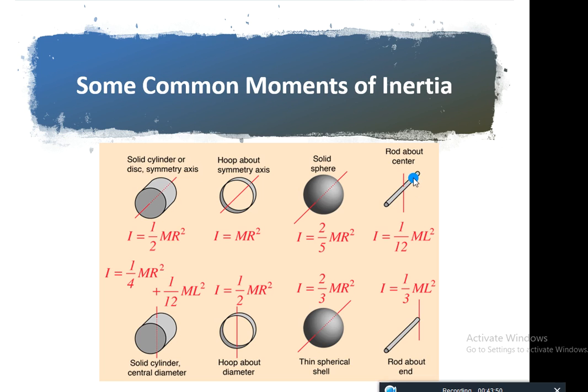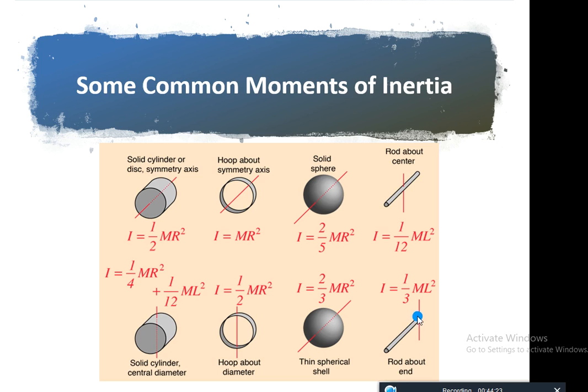Again I am repeating that for the rod element, the inertia about the center of the rod is I equal to 1 by 12 ml square, where m is the mass of the rod and l is the length of the rod. But normally we consider the rod as a bridge, and at the end point we want to find the moment of inertia of the bridge.